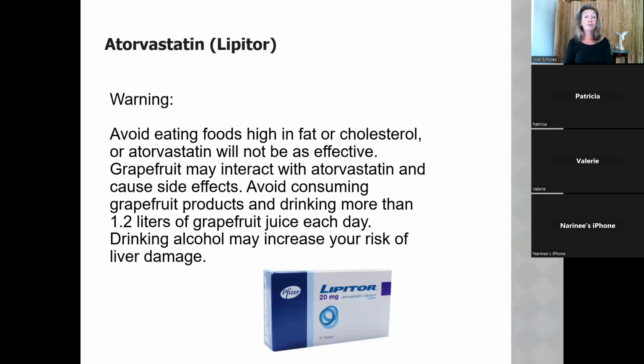So when a client is on Lipitor, what do they need to do? What do we need to be aware of on their behalf? We need to be aware of eating foods with high cholesterol. It can affect the efficacy of Lipitor, the effectiveness, the strength. So if we eat a ton of food with high cholesterol or high in fat, it can change the effectiveness of the drug.